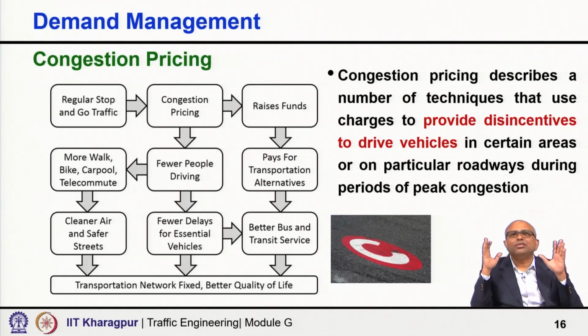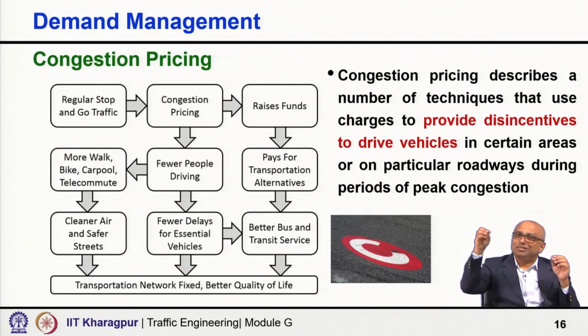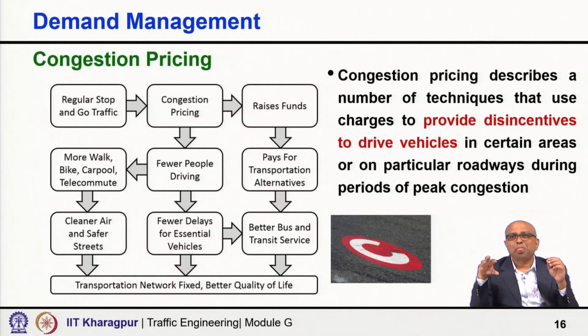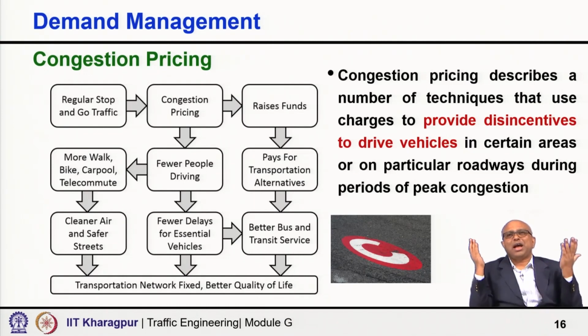So, basically with congestion pricing, I want to discourage people from taking their vehicle to certain locations or a certain geographical area, maybe the CBD area or a particular land use or around that catchment, during a particular time period when there is high imbalance or high congestion.